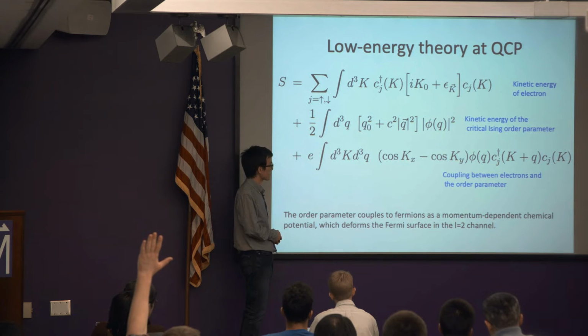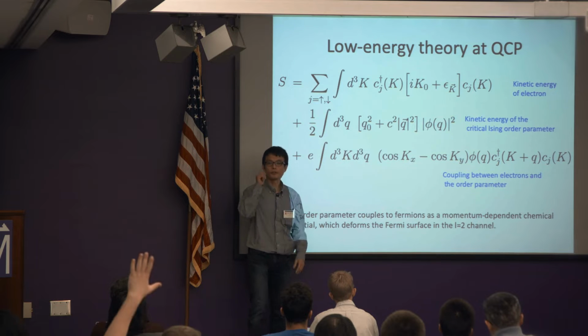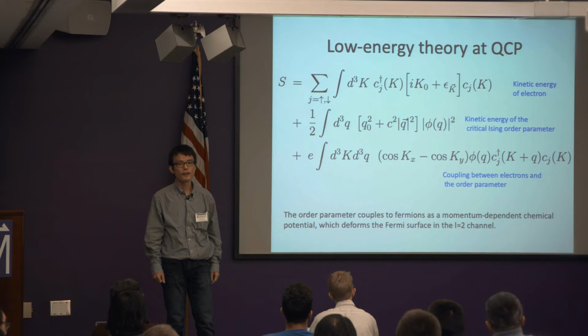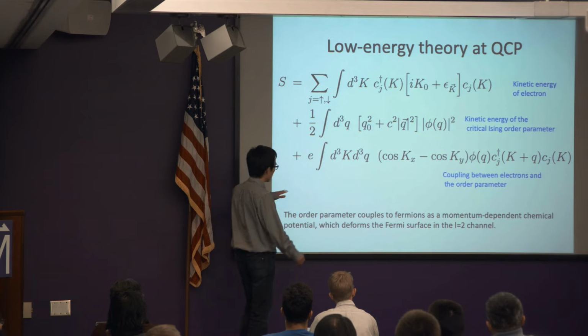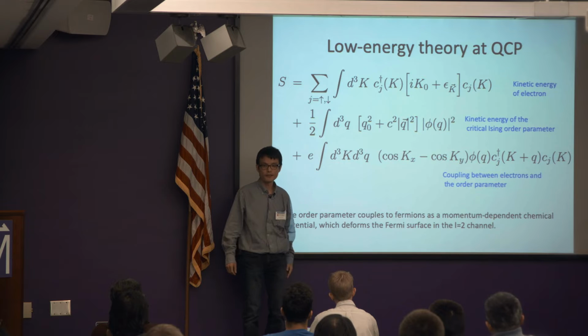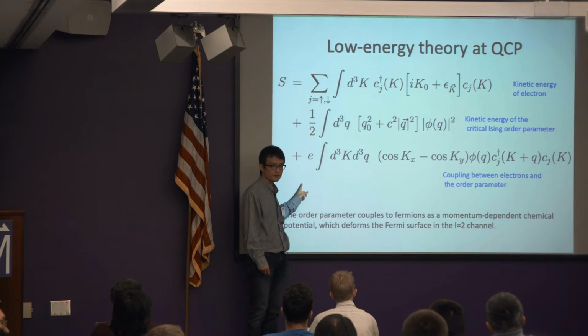Thank you. Why do you not include fermion-fermion interactions? Yeah, so there are quartic interactions for fermion and boson as well. That's the ellipsis.